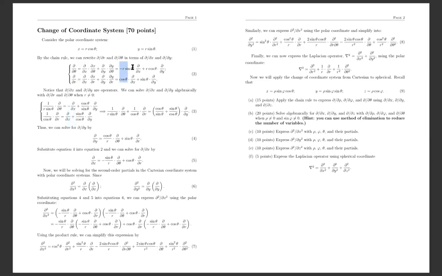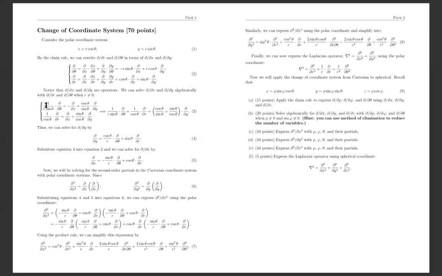So first, you basically treat r and theta and partial theta and partial r as constants. They are just numbers. So you can divide them, you can subtract them, basically whatever it takes to get rid of them.